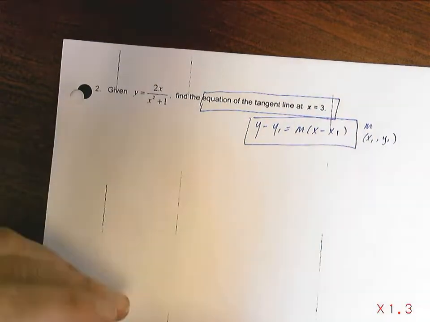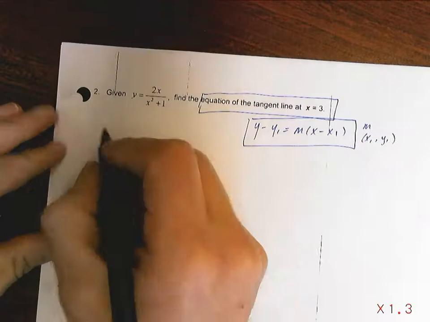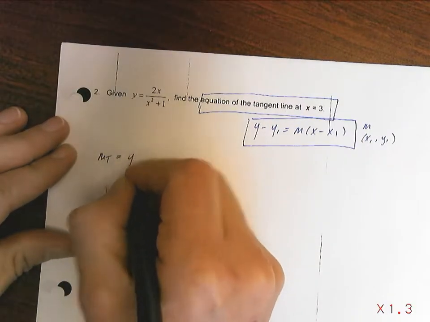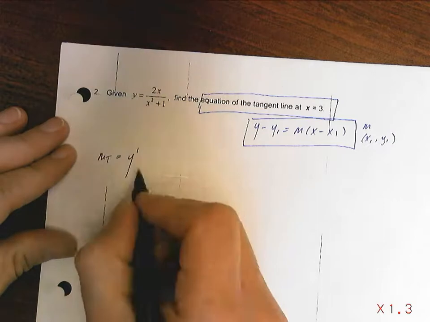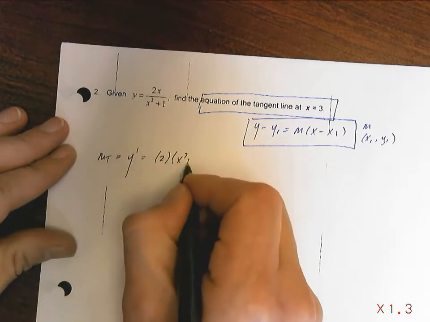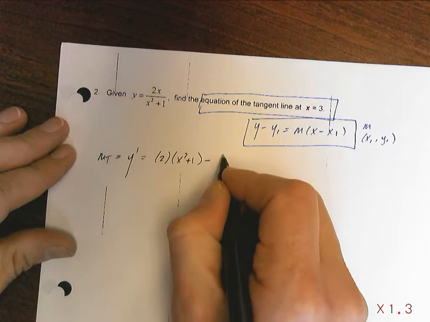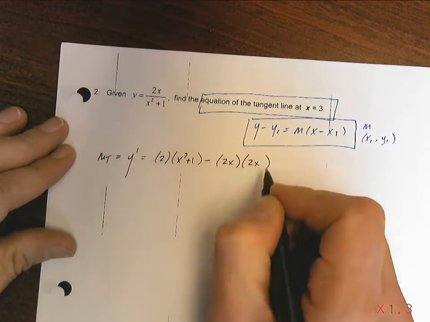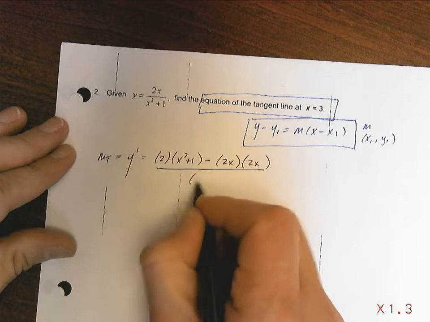Okay, so let's start off finding our slope. The slope of the tangent line is going to equal, in general, the derivative of y. So the derivative of the top, which is 2, times the bottom, subtract the derivative of the bottom times the top, all over the bottom squared.